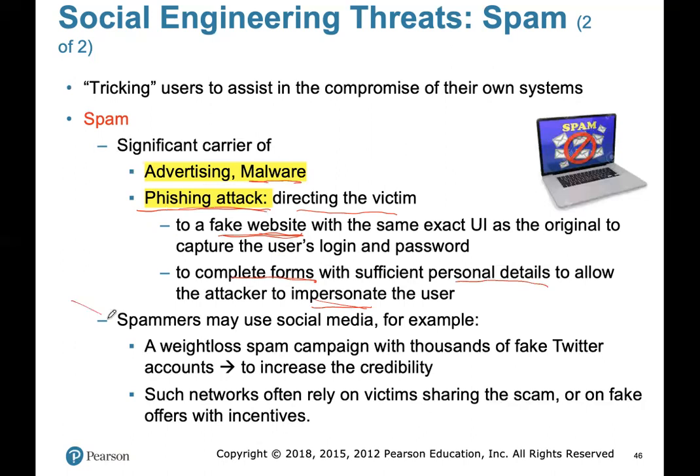The next thing that we need to discuss about spam emails is that spammers are now being very smart, and they use smart ways to convince you. For example, this is a real example: a weight-loss spam campaign with thousands of fake users, or fake subscribers, on Twitter. First, they develop a Twitter group, and then they create thousands of fake users.